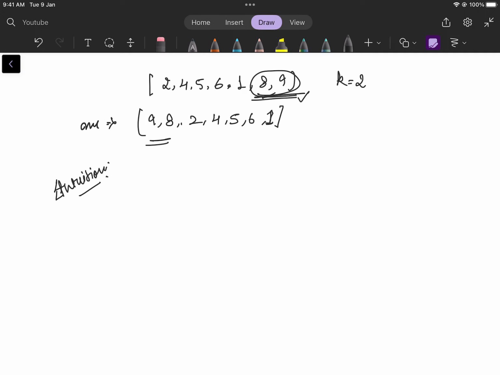So the solution may be to reverse the whole array. Let's reverse it: 9, 8, 1, 6, 5, 4, 2. And then k is 2, so what you need to do is reverse the first two elements, 8, 9.